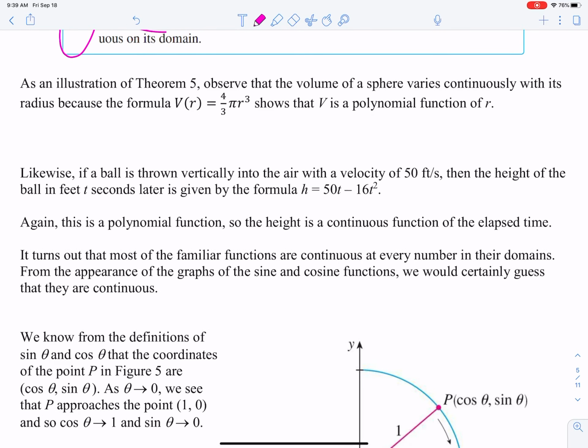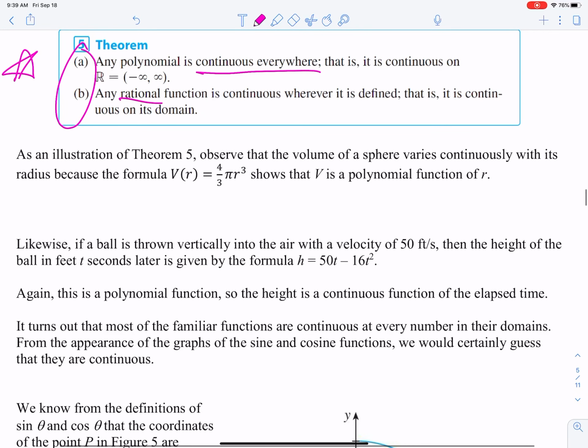All right, as an illustration of that theorem we just talked about, observe that the volume of a sphere varies continuously with its radius because of that formula. V of r equals 4/3 pi r cubed shows that the volume is a polynomial function of radius.